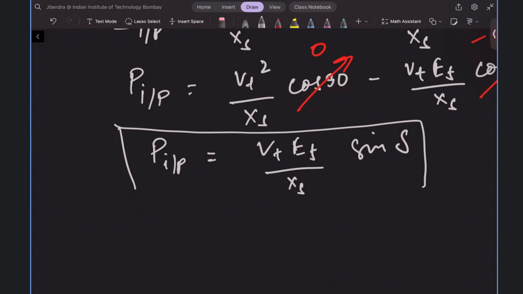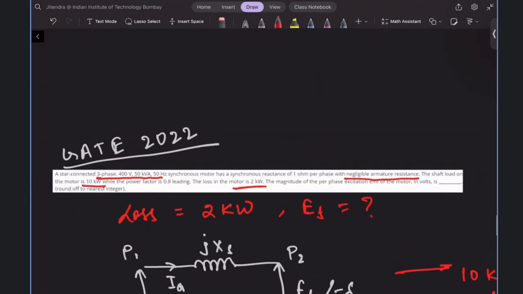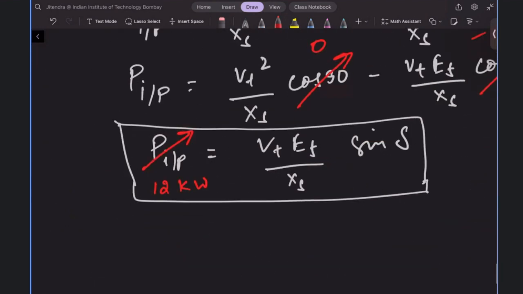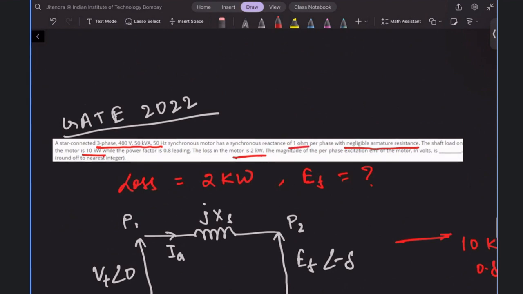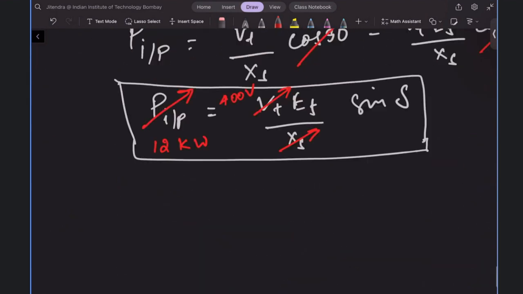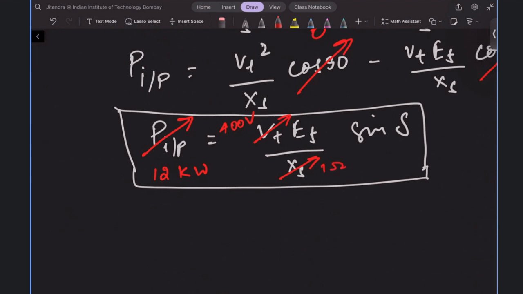In our expression, the known components are input power, which is 12 kilowatt, that is 10 plus losses, right? Vt we know, Vt will be 400 volt. Xs we know, Xs is 1 ohm per phase. But we don't know EF and sine delta. We ended up with 2 unknowns.